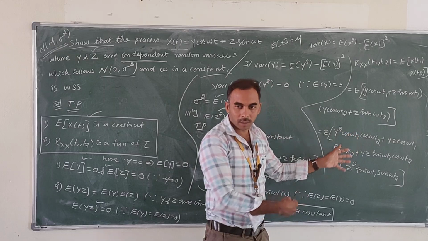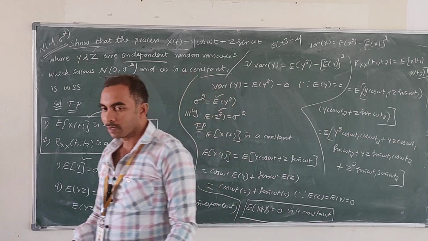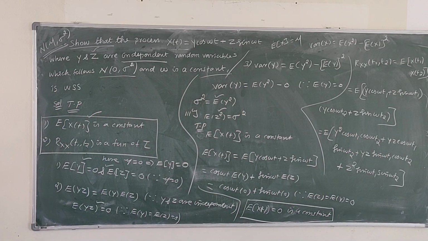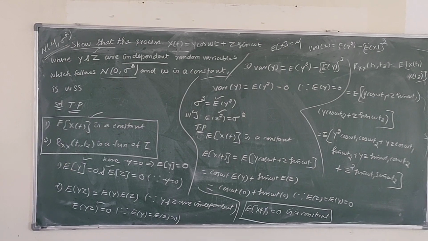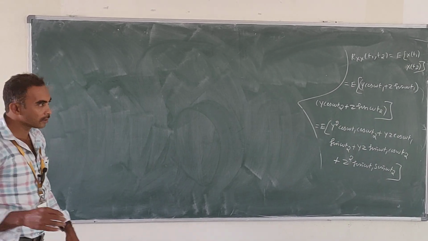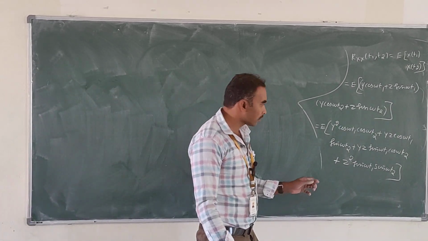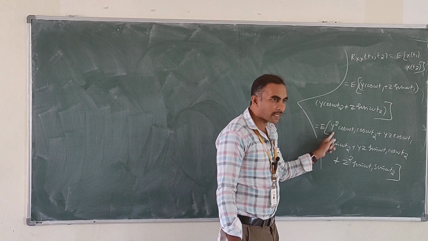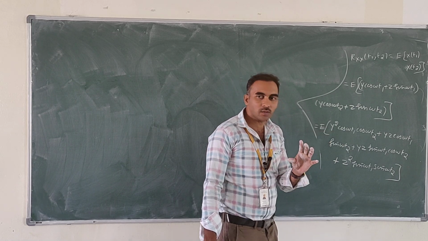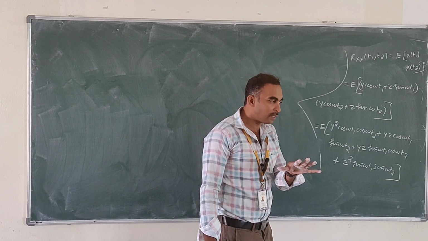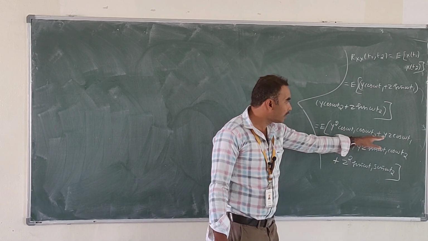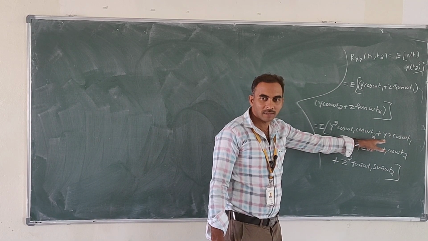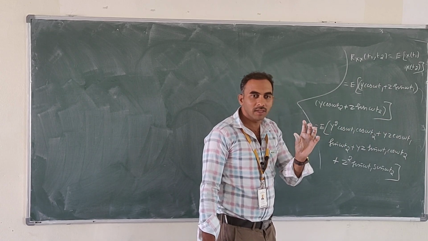OK, copy this. Next, bring this E inside the brackets, so it will act over the random variables. y and z are the random variables. So what will E do?